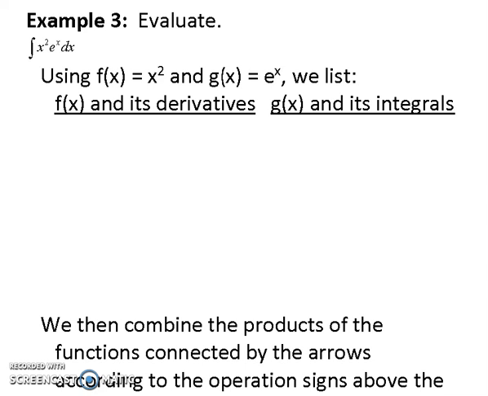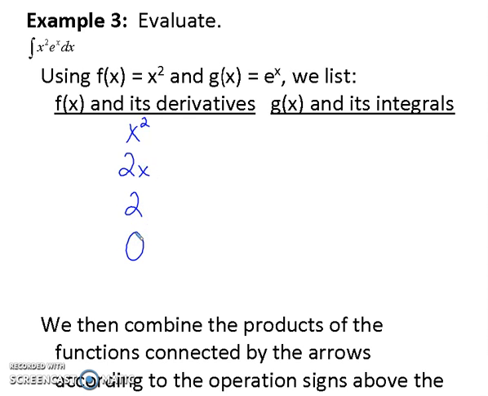So here, if I use f of x equals x squared and then make g of x be the e to the x, we make a table. That's where the term tabular integration comes from. The first column, you're going to start with your f of x function, and you are going to do all of its derivatives until you get all the way down to a derivative of 0.